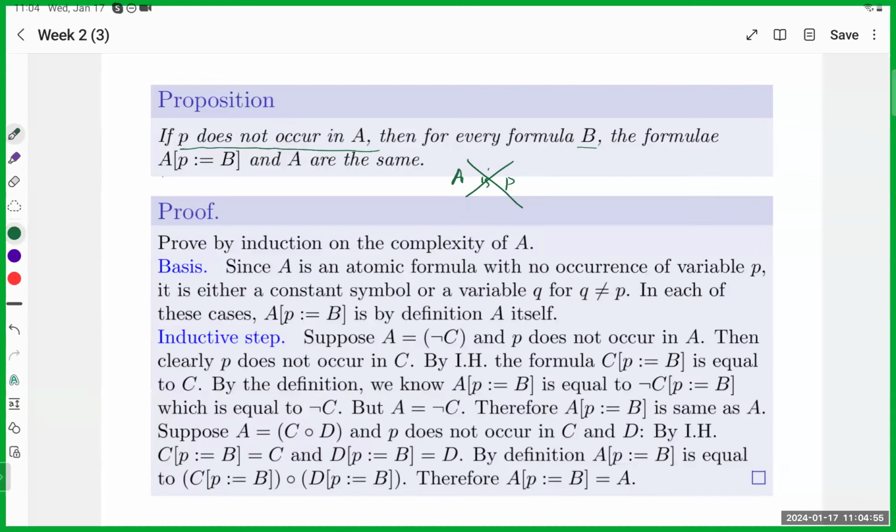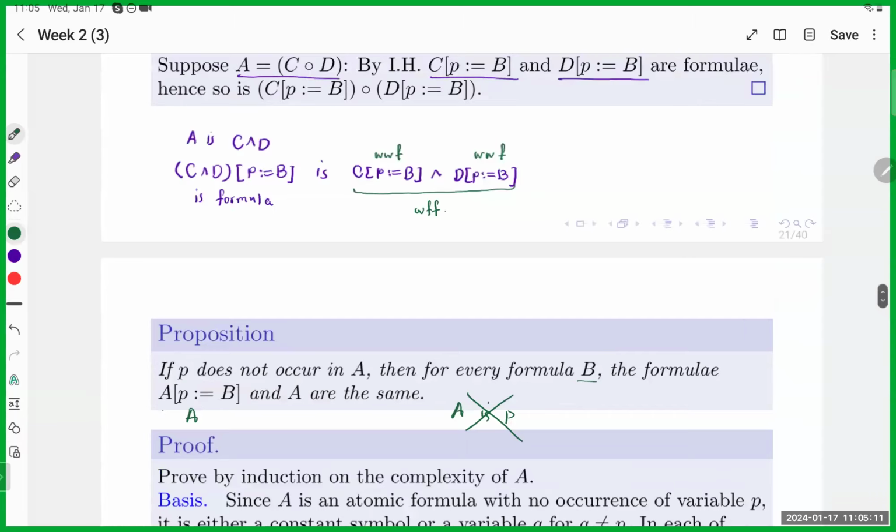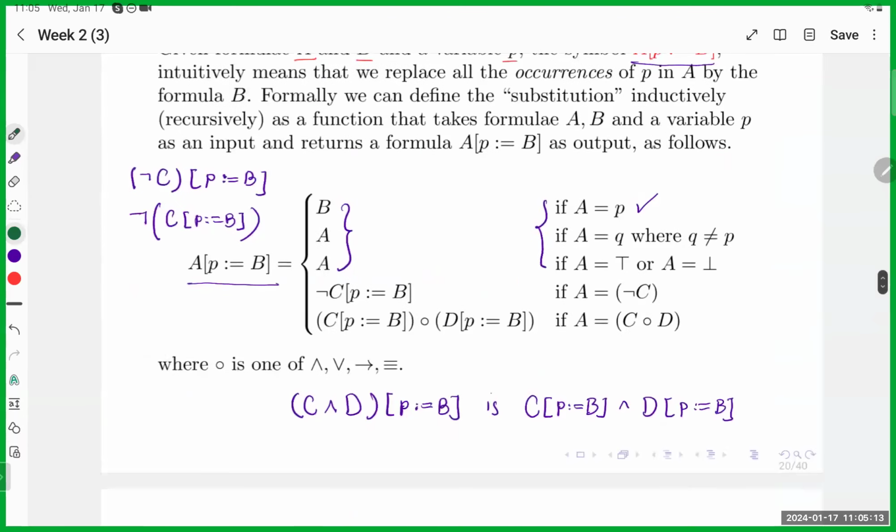That leaves us with the rest of the atomic formulas. That means top, bottom, or any variable other than P. In all those cases, the substitution is defined to be A itself. That corresponds to this. Note that A cannot be P in the atomic cases.